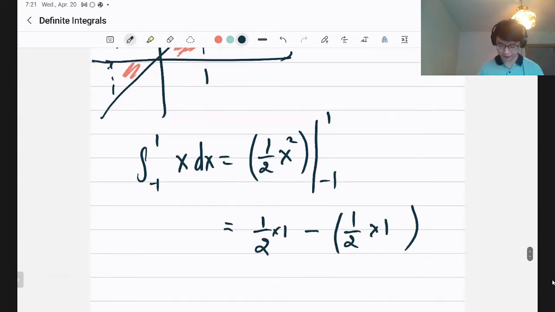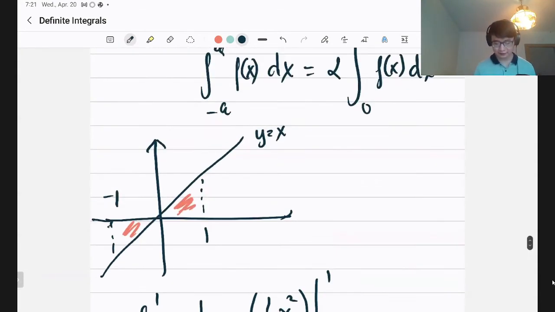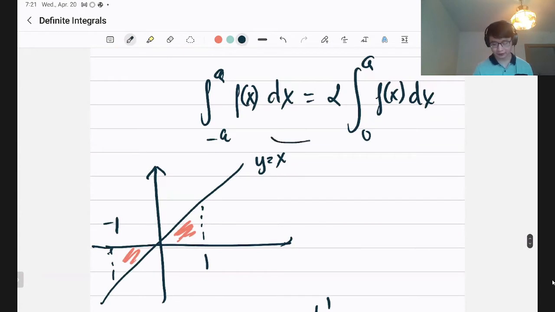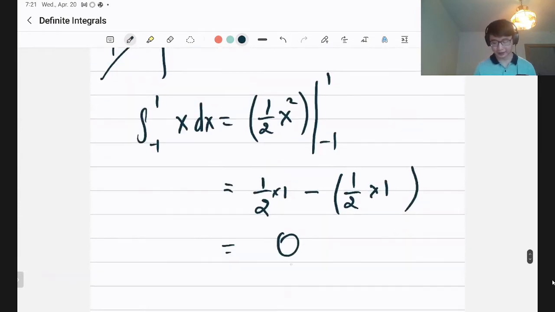And the x there is multiplication, not the x symbol. My apologies. And I got 0. So if I didn't bring it into this form, I didn't use this property, I got the area is 0.